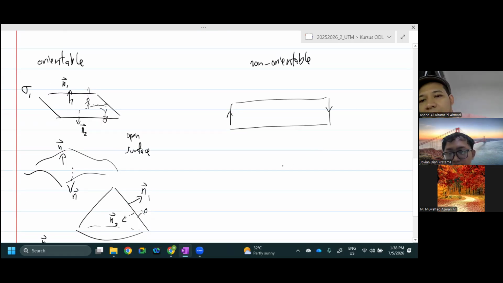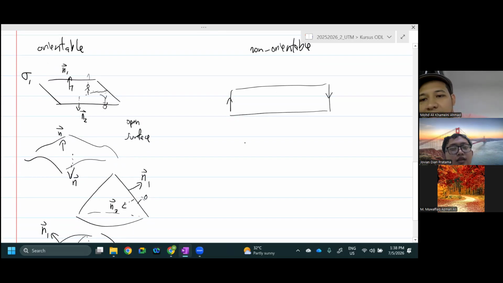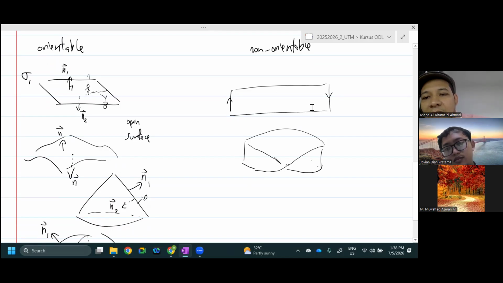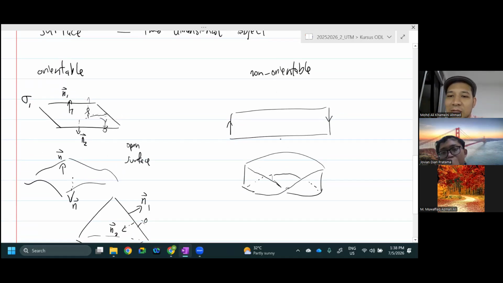So let me just try to draw it. Hopefully it will be nice. You will have something like this. You will have a twist there, more or less. So this is one example of a Mobius strip. Why do I say so?